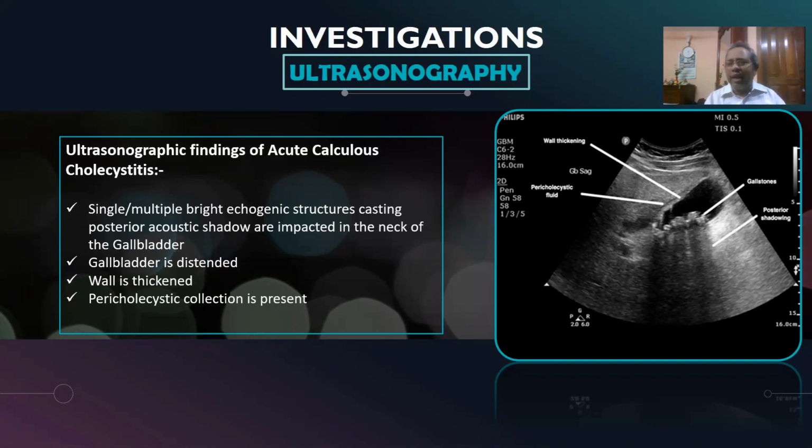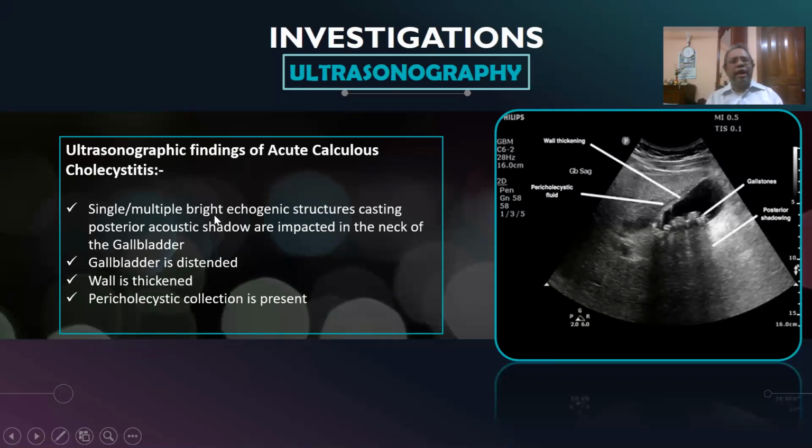It may be single, it may be multiple. But look at the picture. There are echogenic structures, 1, 2, 3, 4, 5, and more behind. So the representation is multiple echogenic structures within the lumen with acoustic shadows, which represents that the patient has gallstone disease.